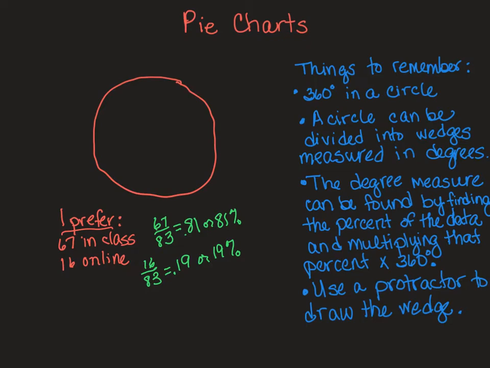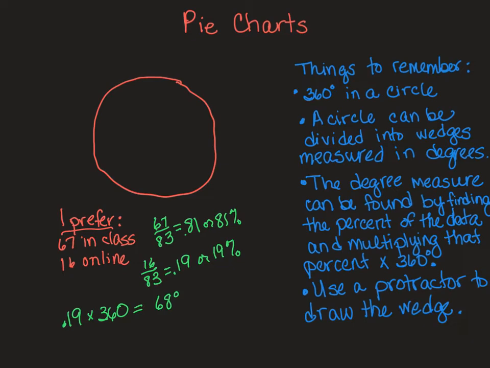So I would multiply 0.19 times 360, and on my calculator I'm going to get 68.4, so I'm going to say that it's going to be 68 degrees.